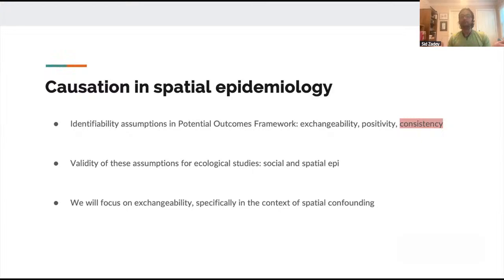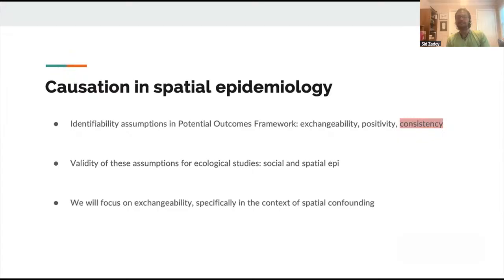The potential outcomes framework tries to get around that by using certain assumptions. Exchangeability is the assumption that you have two groups or two individuals that are comparable to each other for everything else except your treatment. Positivity is the assumption that in all the strata of your other variables, your confounders, you have data, and so the comparison that you're making is supported by data and is valid.